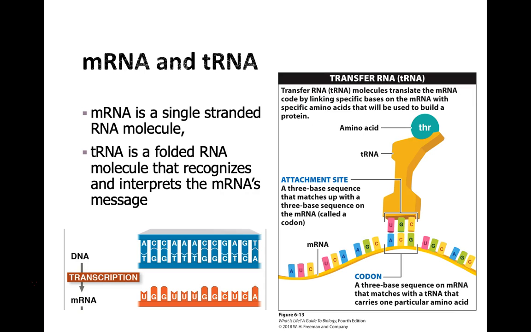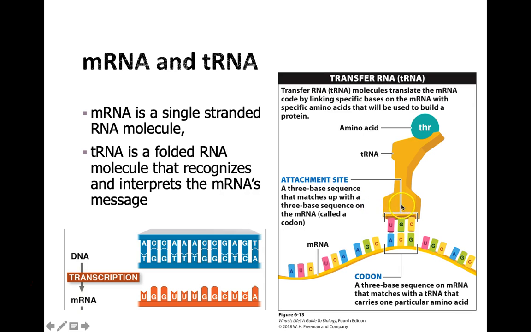It's actually folded into a 3D shape that gives it a very specific function. So our transfer RNA is going to be the molecule that acts as the code breaker or the interpreter to turn our messenger RNA sequence, or indirectly our DNA sequence for the protein in question, into the language of proteins.